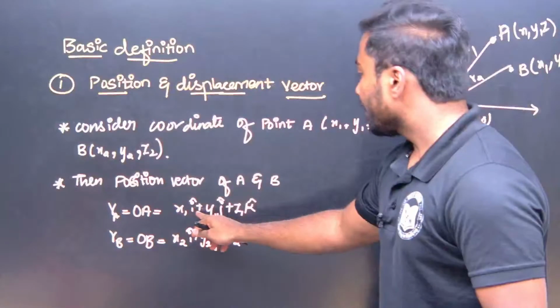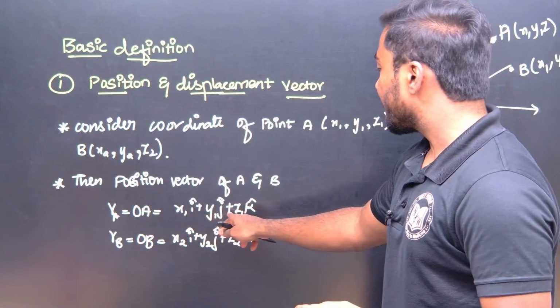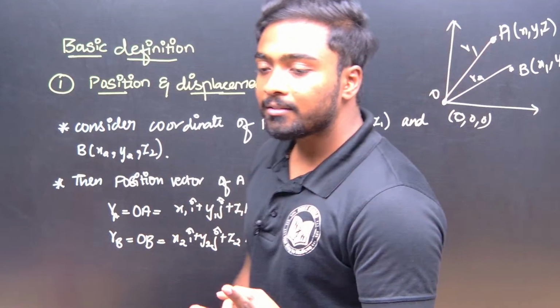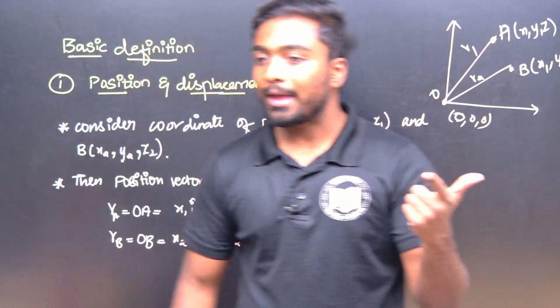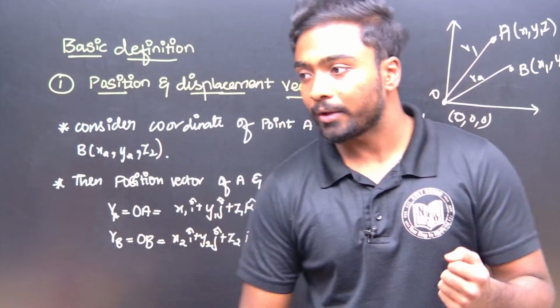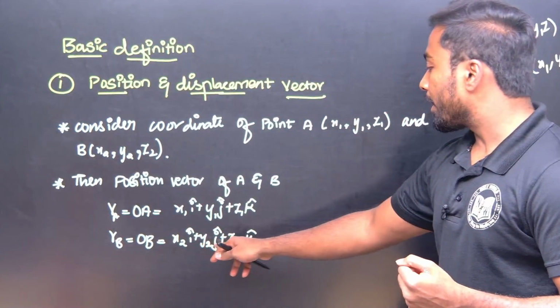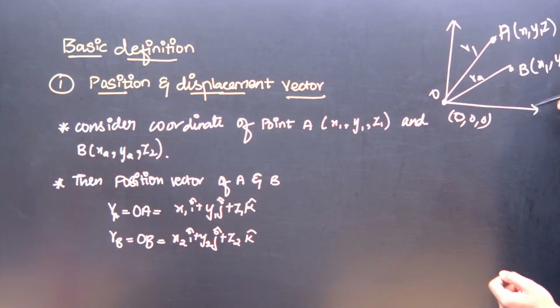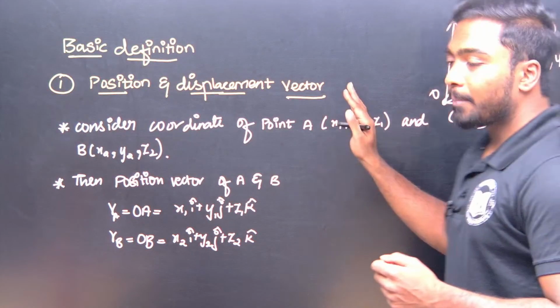Here x1 i cap plus y1 j cap plus z1 k cap; i, j, k are denoted for the x axis, y axis and z axis. Similarly x2, y2, z2. These are my positions.